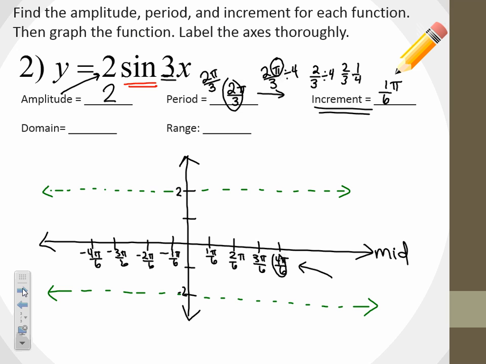So sine starts there. That means we're going to go ahead and start our first dot at 0, 0. And then from there, sine goes up. Hit the amplitude, back down through the midline, bottom out, and come back up. 5 critical points. 1, 2, 3, 4, 5. And then we'll sketch it. Arrow, done.